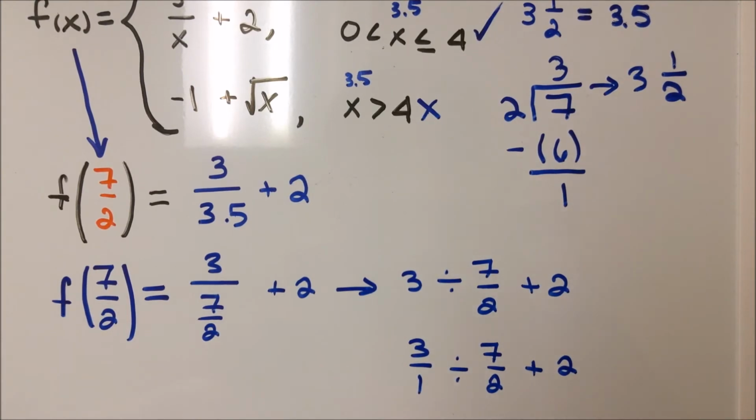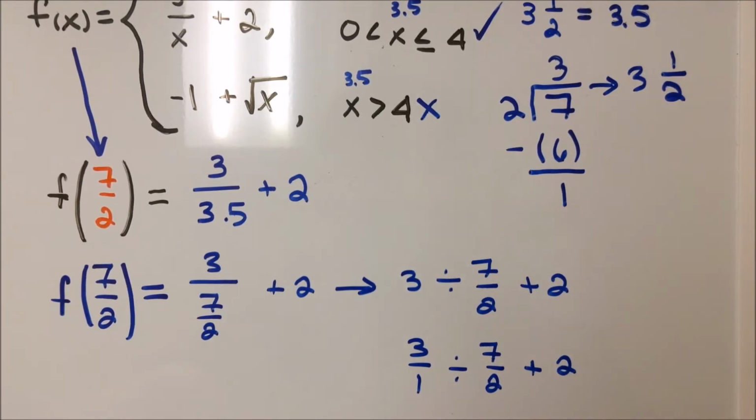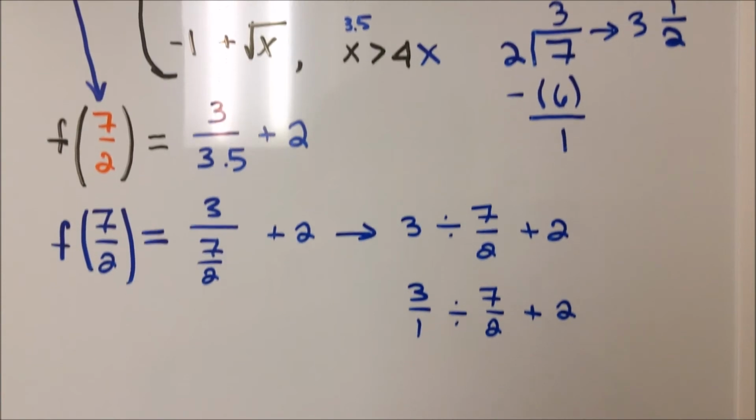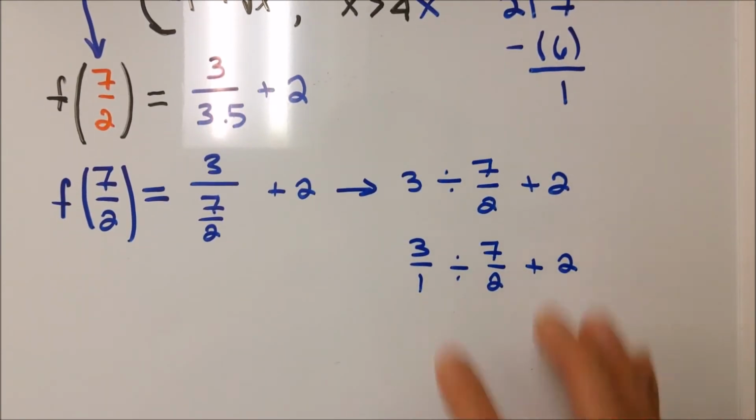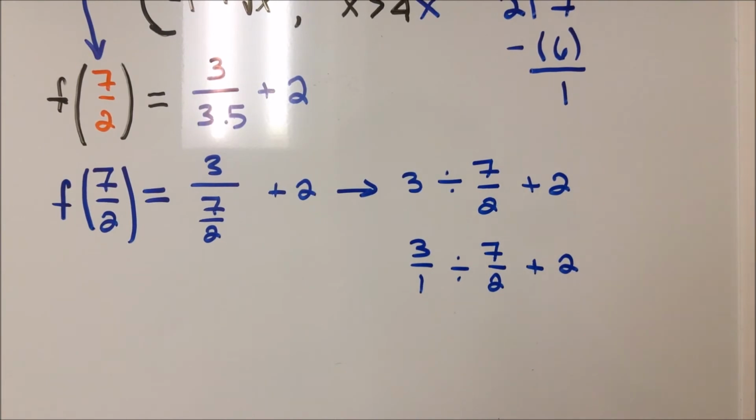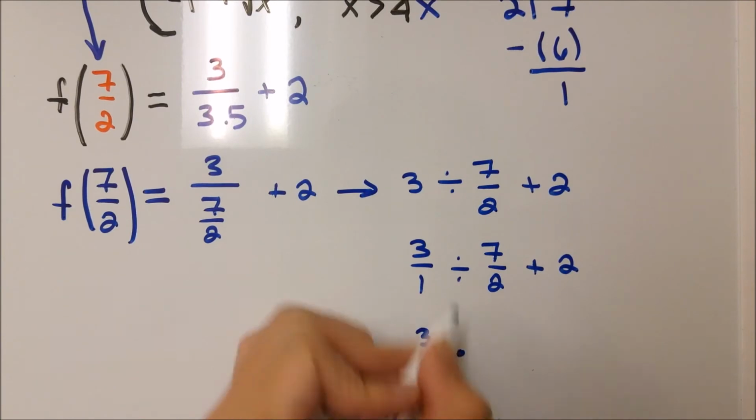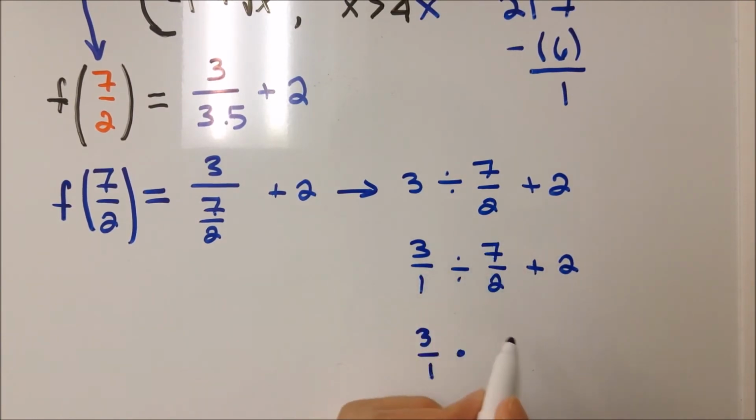So we have a fraction divided by another fraction. So, just like in middle school, we can work out division of fractions, or we can change this into a multiplication problem. So the first fraction you keep the same, 3 over 1 times, we change it to multiplication and we're going to flip the second fraction. So 2 over 7 and then plus 2.